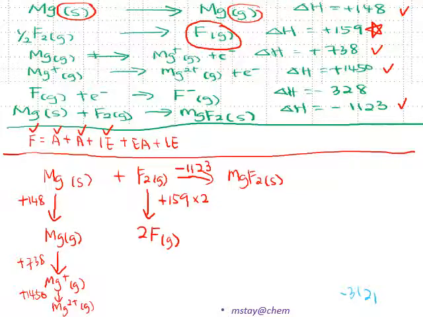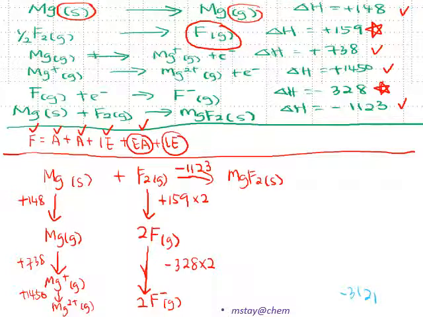Next, we continue with the electron affinity. So 1 mole of gaseous atoms will produce 1 mole of gaseous ions. So we have 2 gaseous atoms, meaning that it will produce 2 moles of gaseous ions as well. So for this one, we are going to multiply by 2 as well. So we have also settled the electron affinity.